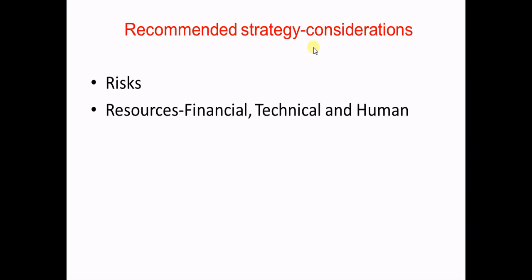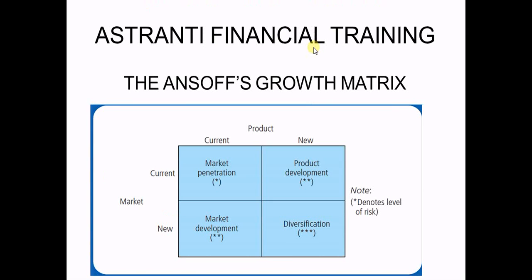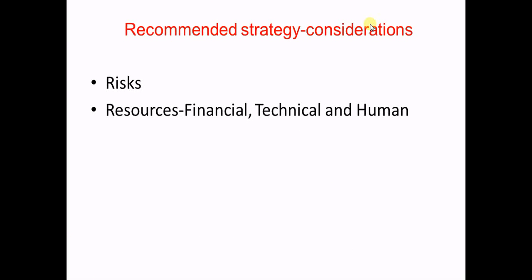What should we consider when recommending a strategy among the four? The stars in the first diagram referred to the level of risk. And this is a key consideration when deciding on which strategy to pursue. What risk are you ready to take? Because when you go into new markets, new products, you have different risks compared to when you are trading in the same market and in the same products.